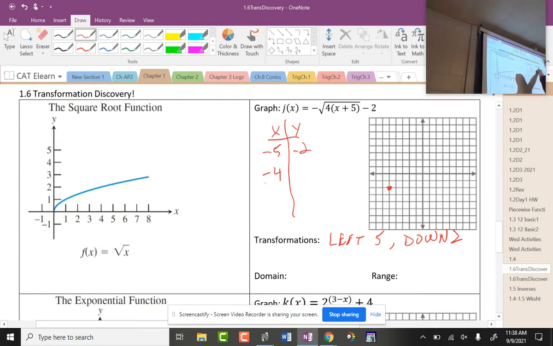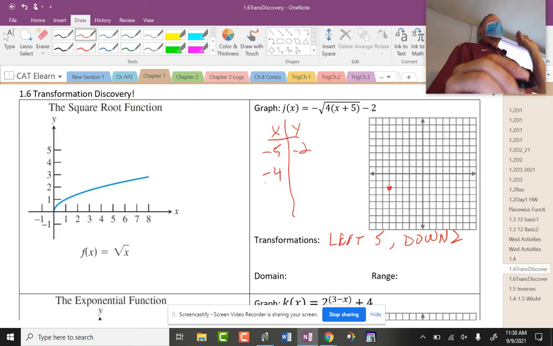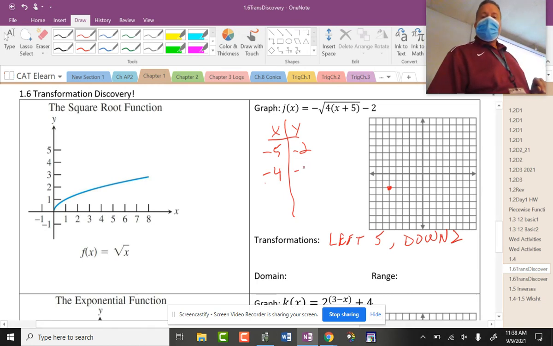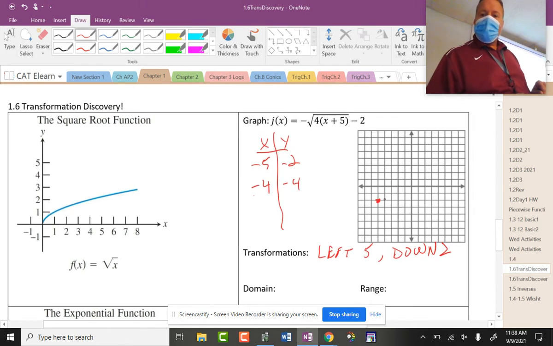PEMDAS, you do parentheses first. Negative 4 plus 5? 1 times 4? What's the square root of 4? 2. Negative 2 minus 2 is what? Negative 4. So negative 4, 1, 2, 3, 4. Negative 4, 1, 2, 3.